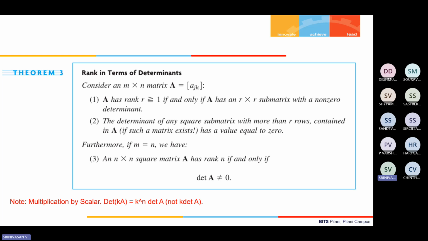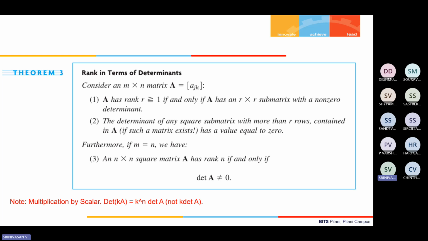So even if you are not able to get any square submatrix of reduced order and each of them is 0, you just declare that rho of A is equal to 1. Otherwise, by just taking one square submatrix whose determinant value is 0, don't come to the conclusion that rank of A is not equal to 2. If this is not possible, you can go for taking the second one.